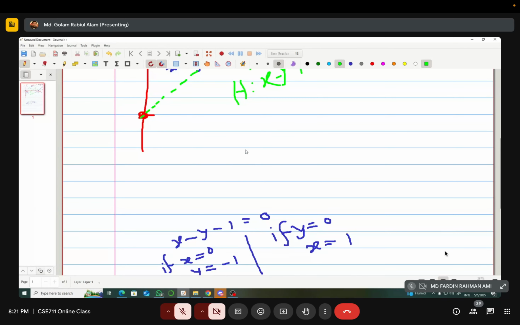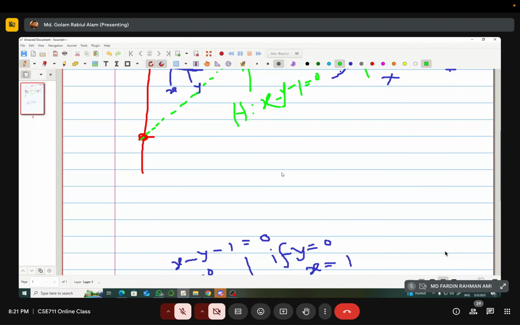For that, maybe we can consider any random data point. We can say a data point is P, and the value is like 0.2, -2 and maybe positive 3. So whether this data point is in the positive class or the negative class, we want to test it.